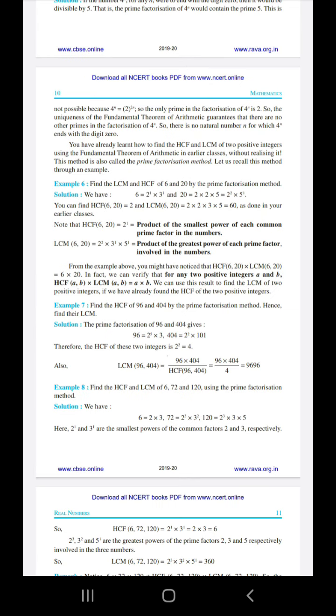Okay, dear children. Next, very important, in this chapter a very important concept related to HCF and LCM is right there below that.